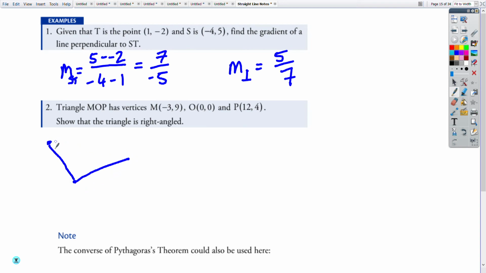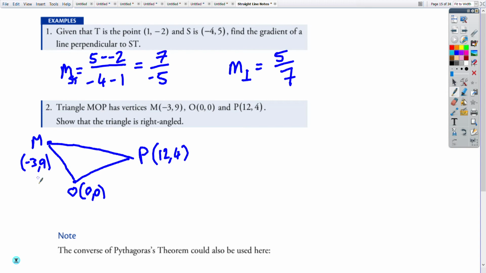So we have the 3 points here. This is O, M, P. This is the origin, always (0, 0) for O. (12, 4), (-3, 9).